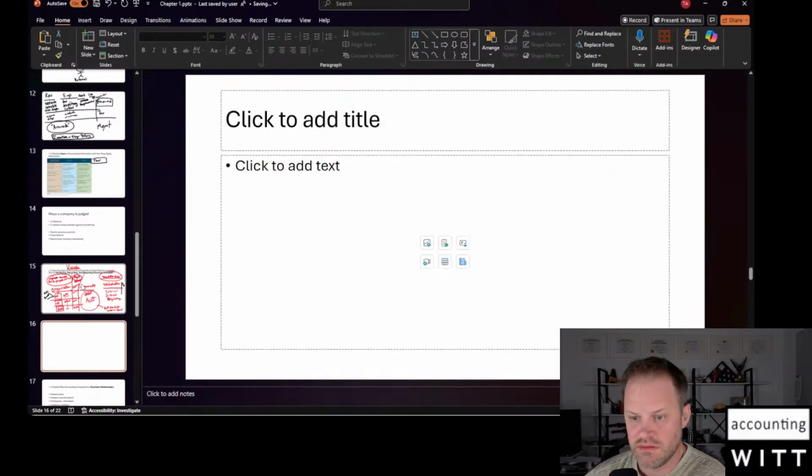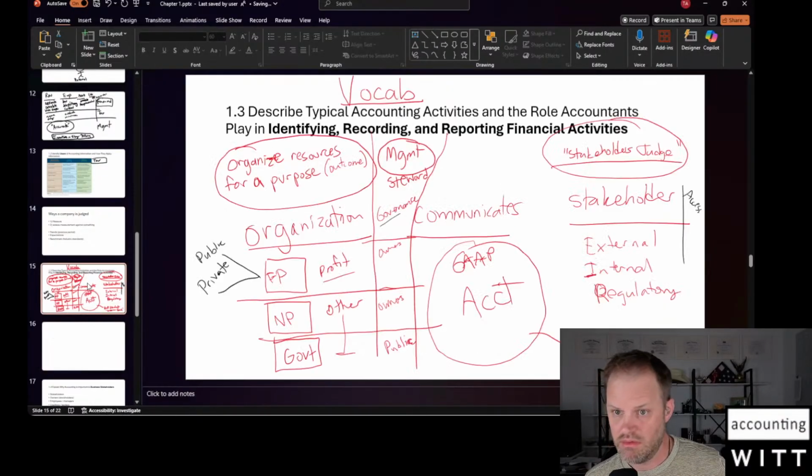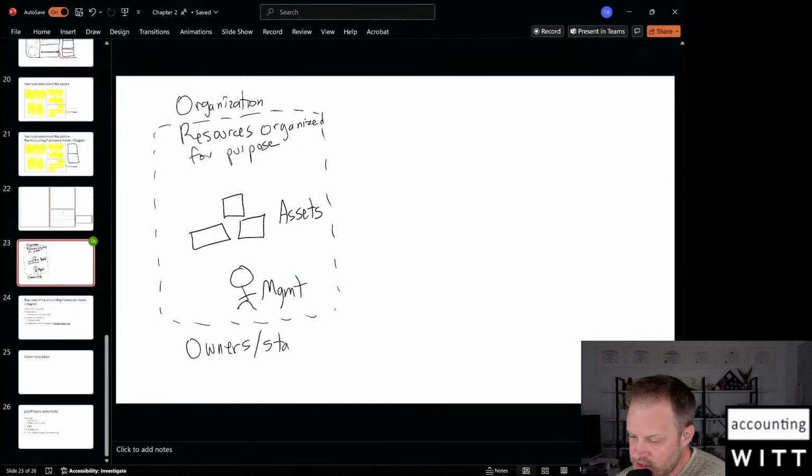You've got the organization, assets, management, and then the owners. And then let's say also stakeholders. Other stakeholders.